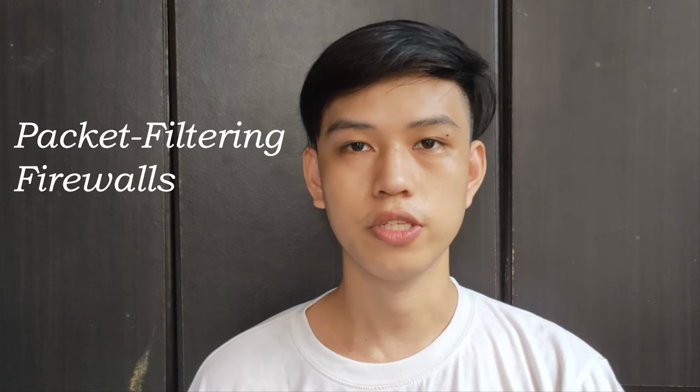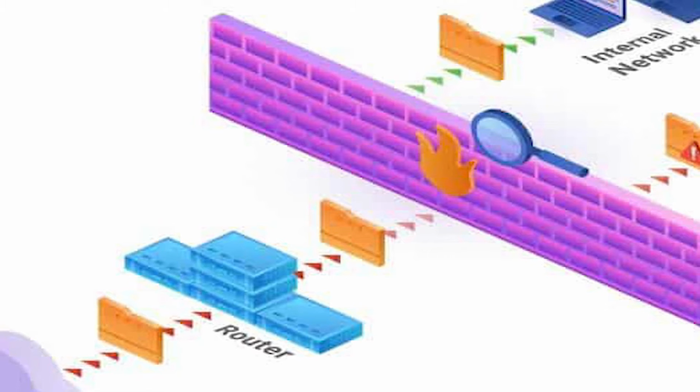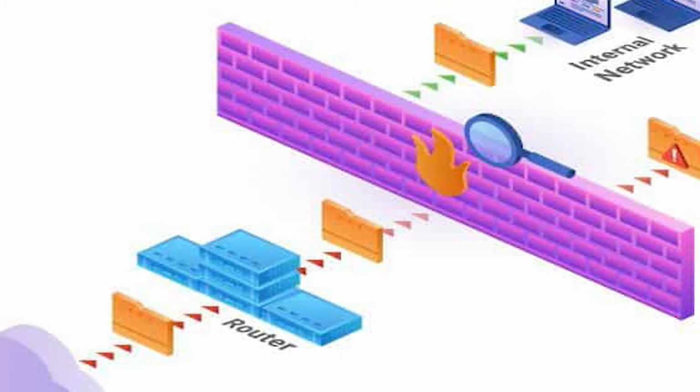Packet filtering firewalls. When it comes to types of firewall based on their method of operation, the most basic type is packet filtering firewalls. It serves as an inline security checkpoint attached to a router or a switch. As the name suggests, it monitors network traffic by filtering incoming packets according to the information they carry. As explained, each data packet consists of a header and the data it transmits.